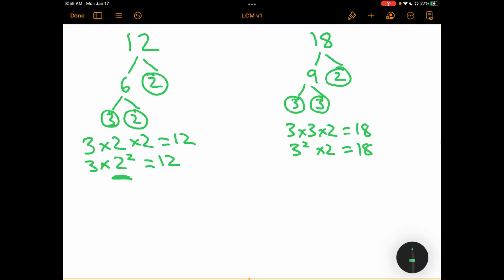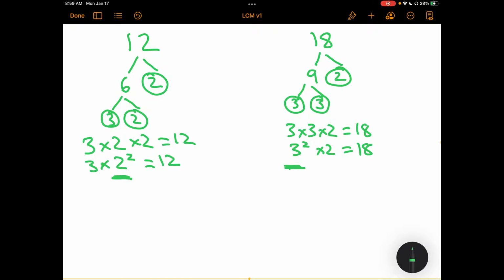And in 18, I had two 3's. So to find the least common multiple, I need to find the largest instances of my prime numbers in each number. The largest instance of a prime number in 12 was the 2's because I had two of them. And the largest instance of a prime number in 18 was the number 3 because I had two of those.